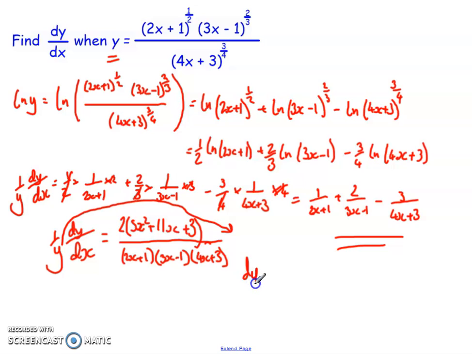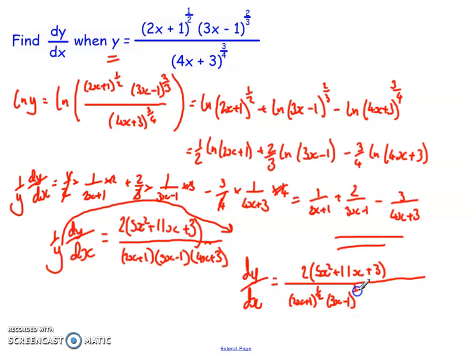And if I were to do that, I'd end up with a final answer for dy by dx, which would be given by 2 bracket 5x squared plus 11x plus 3 on the top, and I'd have a denominator for that fraction of 2x plus 1 to the half, 3x minus 1 to a third, and then 4x plus 3 to the 7 over 4.